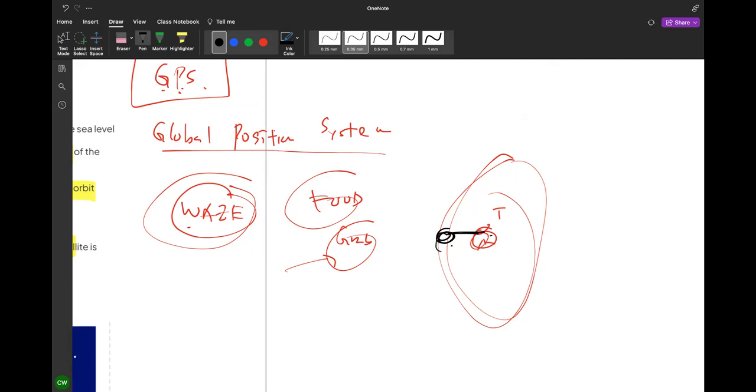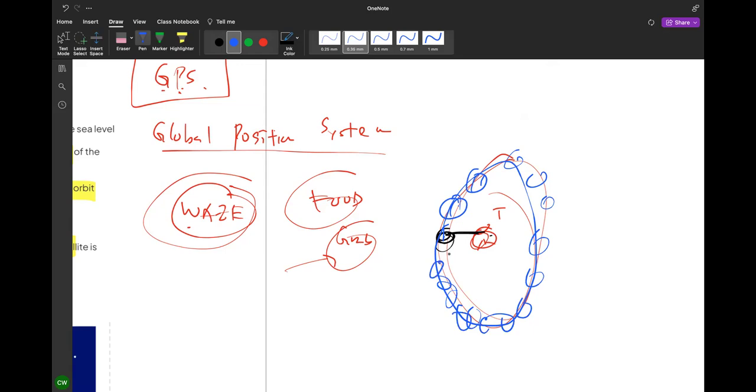So actually the satellite is continuously moving, so they will be passing the task to the next satellite. That means the satellite will keep on moving. So you don't care.